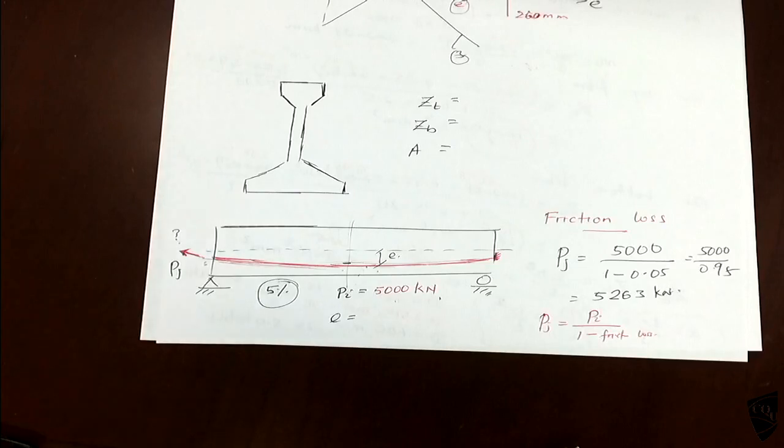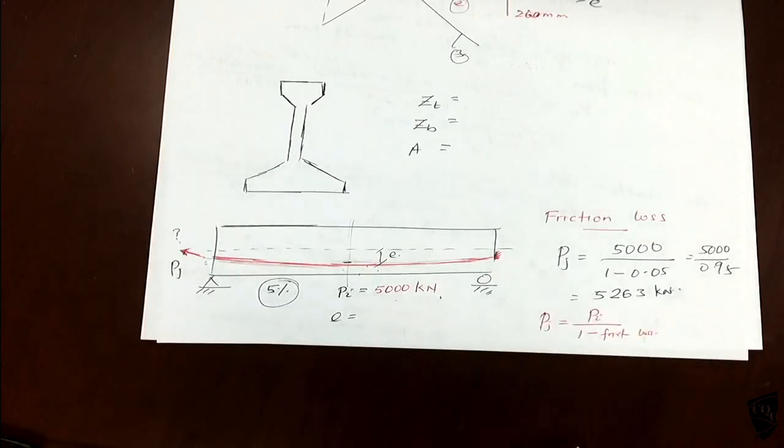I need to find out Pj. In the standard AS3600, there is an equation for the friction loss. We will talk about that in week 10 or 11, or we might talk about that next week.